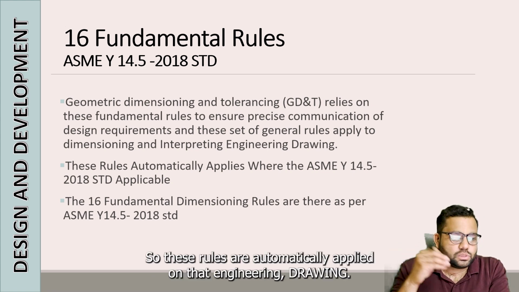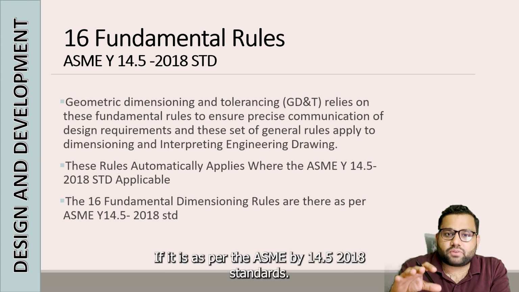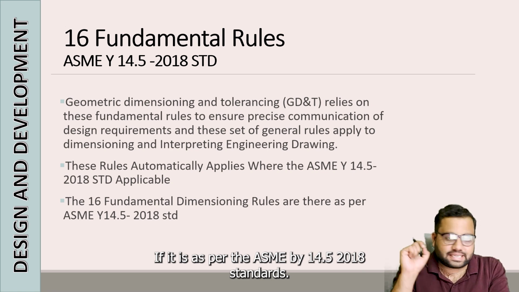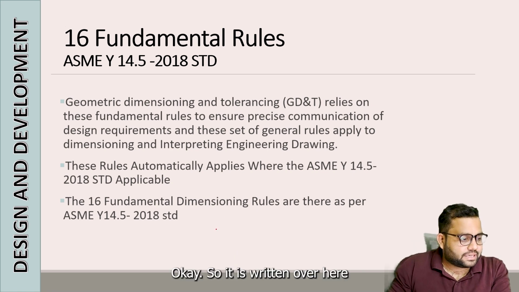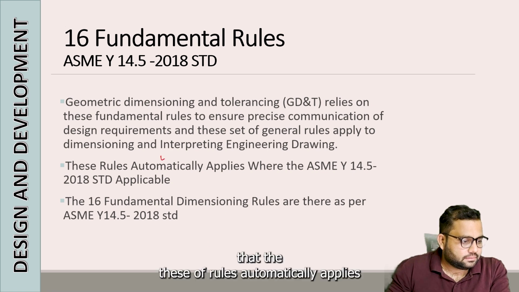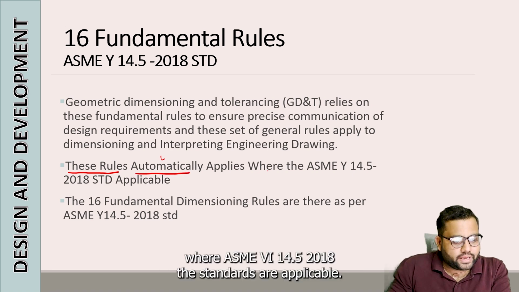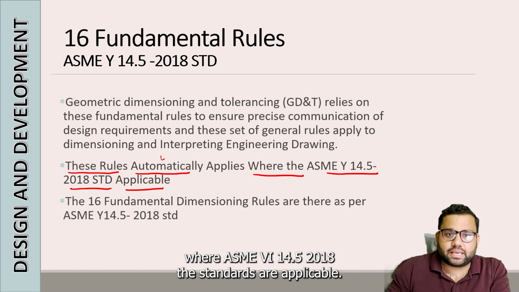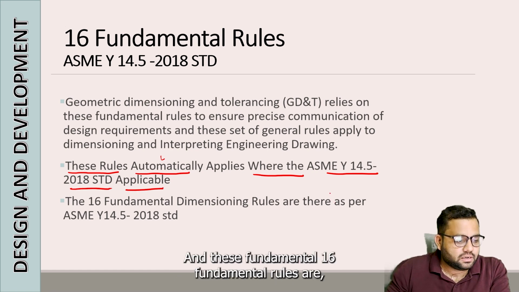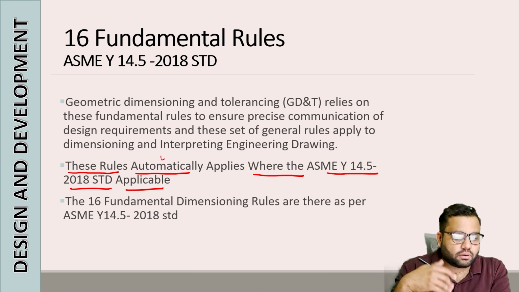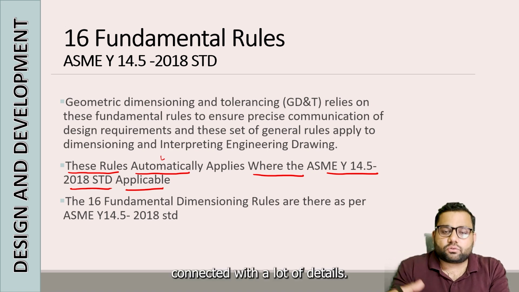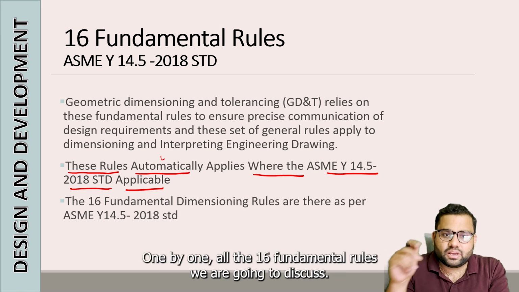So these rules automatically apply on an engineering drawing if it is as per the ASME Y14.5 2018 standard. These 16 fundamental rules are connected with a lot of detailing in the engineering drawing. One by one, we are going to discuss all 16 fundamental rules.